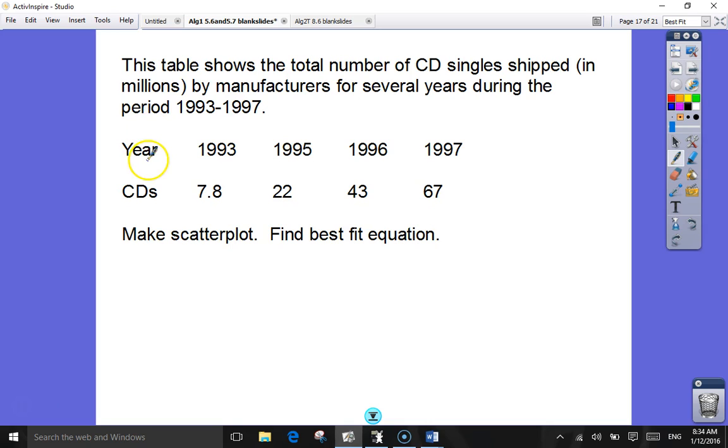So in this case, my X is years since 1993. So in 1993, what is X? 0, 1995, 2, 1996, 3, and 4.